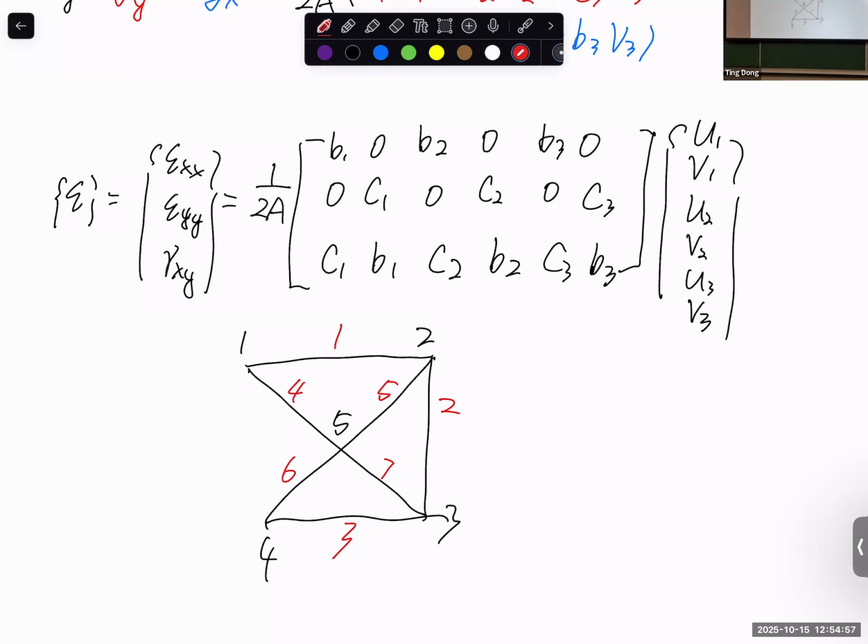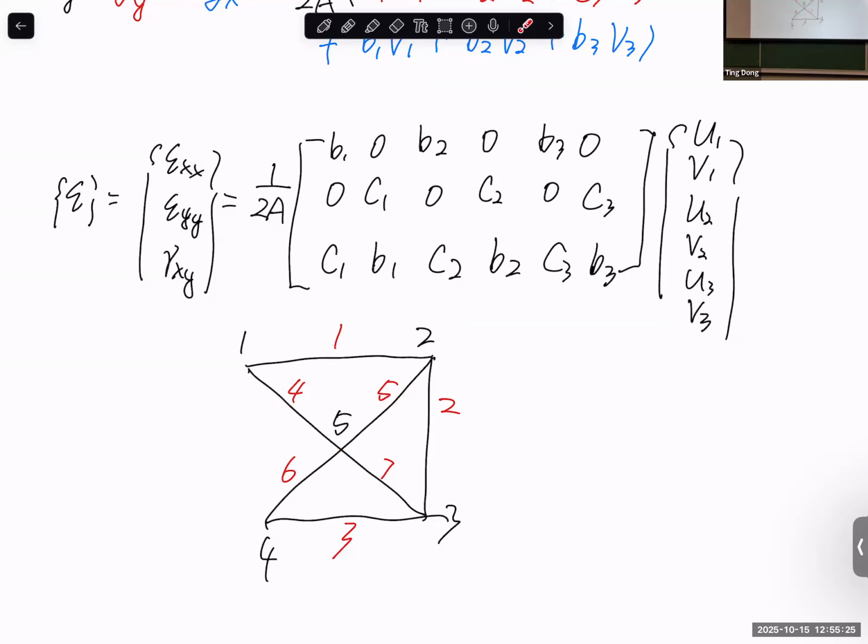But probably you will see, well, of course, when you sketch a different way, Abaqus will generate different node labels. But let's say we assume we have something like this. So for the element definition in the Abaqus input file, the definition for element 4 will be 1, 5. And for element 5 will be 2, 5. Element 6 will be 5, 4. And element 7 will be 5, 3. Right? That's automatically generated from Abaqus.